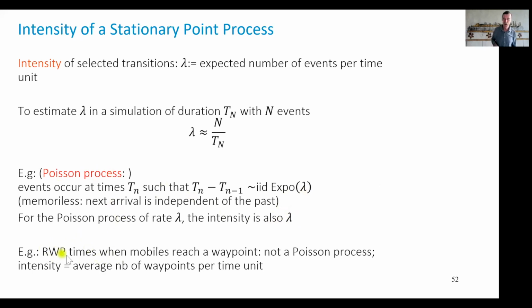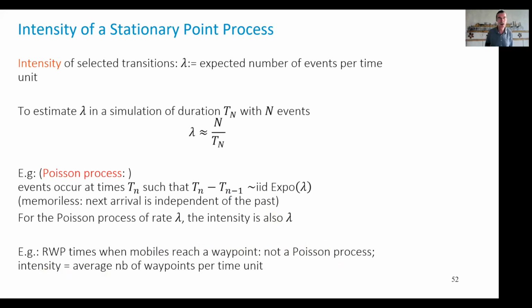For our simulation of the random waypoints, well, we can be interested in the process Tn, which is when the mobiles reach waypoints here. Well, it's probably not a Poisson process. You've seen that in the lab, at least empirically. And here the intensity will be simply saying how many times per time unit the mobile will reach a waypoint.